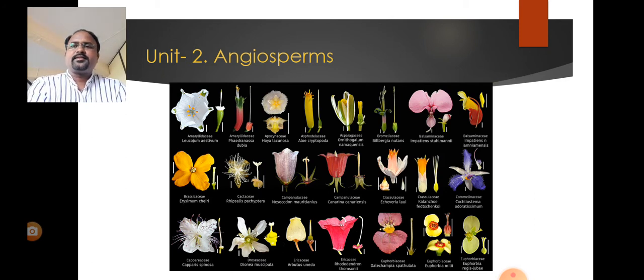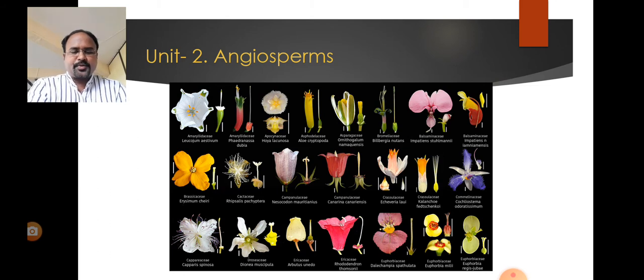Then the wet method is nothing but liquid preservation. There are various chemicals we can use for preserving plant material, like formaldehyde, 70% alcohol, and 80% alcohol. We are going to discuss these methods in this small subunit.